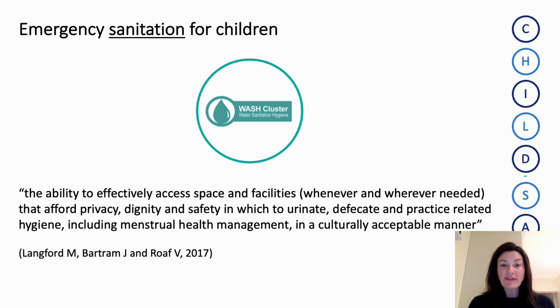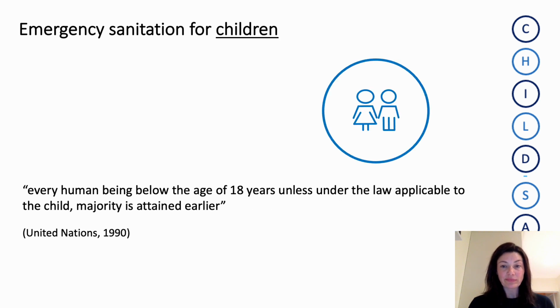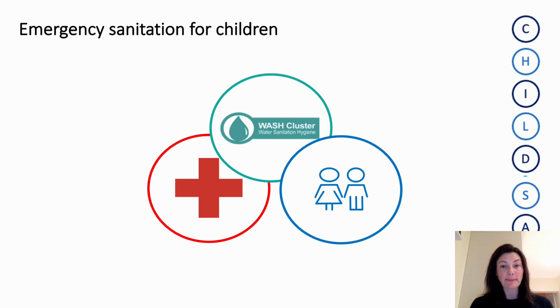We used a broad definition of sanitation, being the ability to effectively access space and facilities whenever and wherever needed that afford privacy, dignity and safety in which to urinate, defecate and practice related hygiene, including menstrual health management, in a culturally acceptable manner. And finally, the definition of a child. Cultural definitions of the upper limit of childhood may vary, but the United Nations defines a child as every human being below the age of 18 years unless country laws say otherwise.